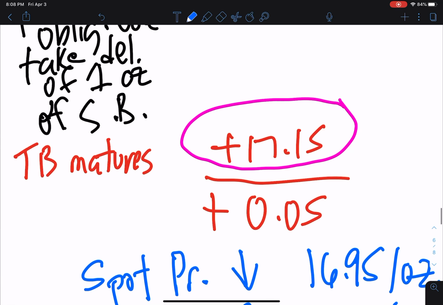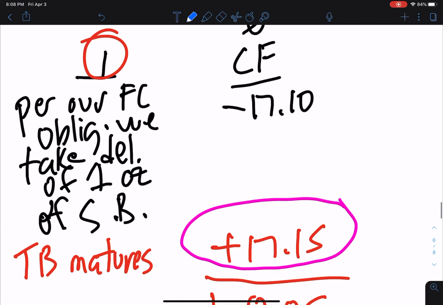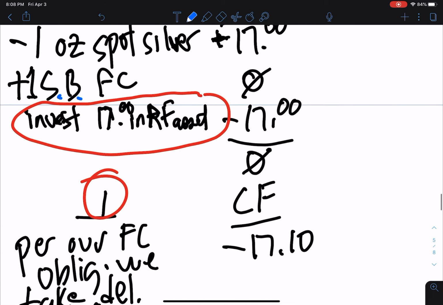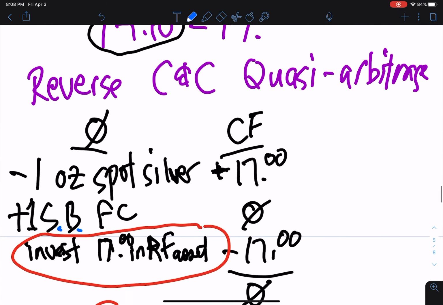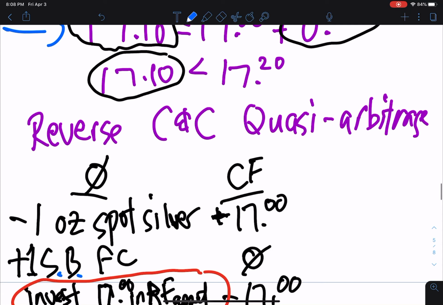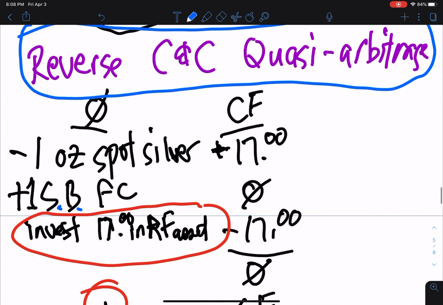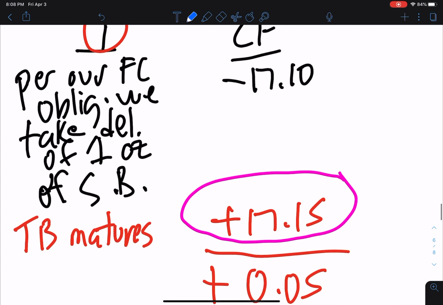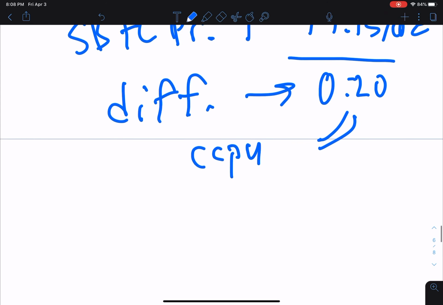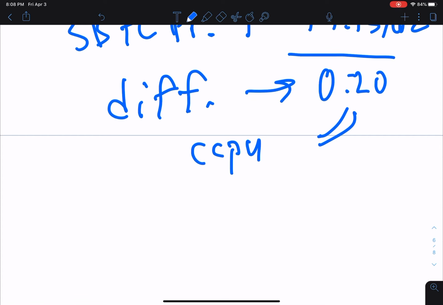So here, if we could always execute these reverse cash and carry quasi-arbitrage trades, if we could always execute these trades when we wanted to, okay, then what it would do is it would keep the futures price from getting too low.